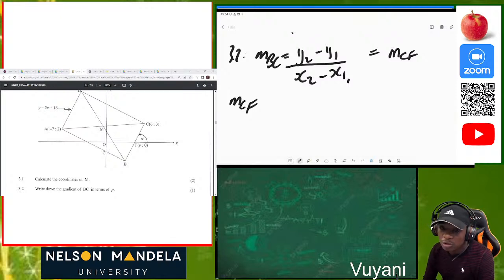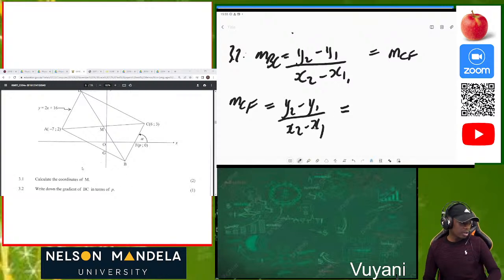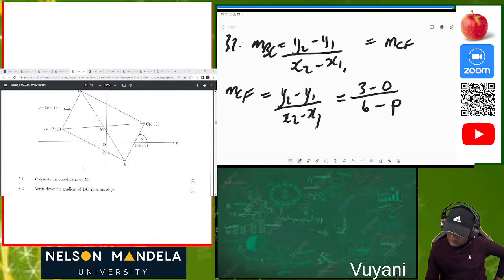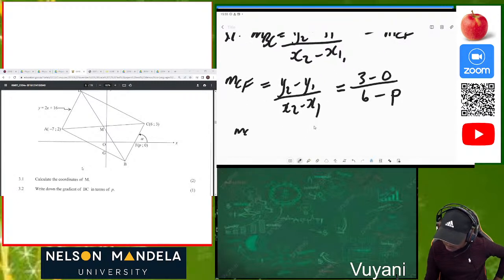Then we move forward together. So it's going to be 3 minus 0 over, what do we have? We know that it's going to be 6 minus p. So the gradient of CF will be equal to 3 over 6 minus p.